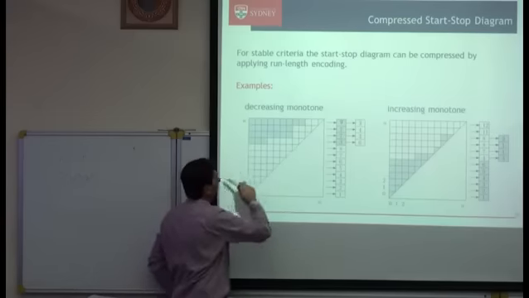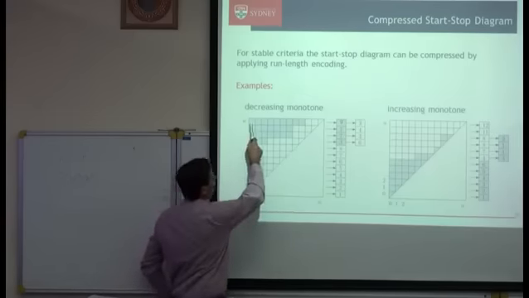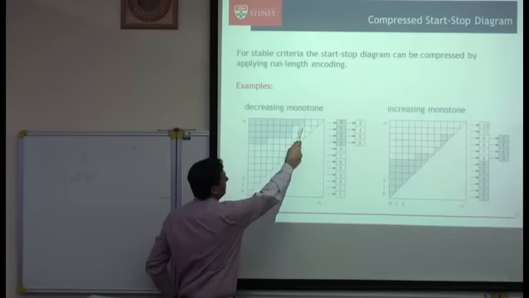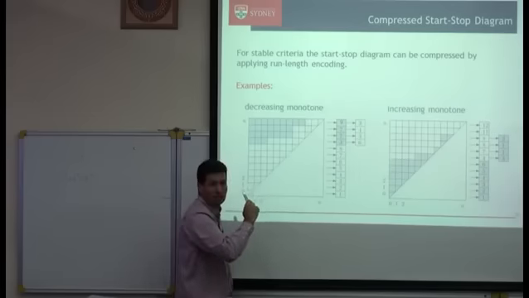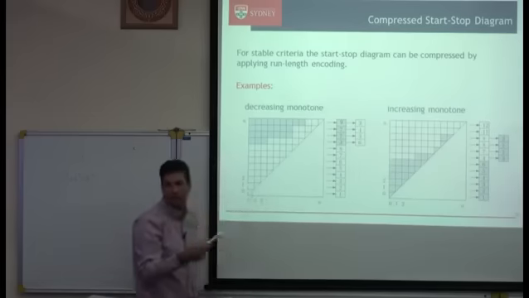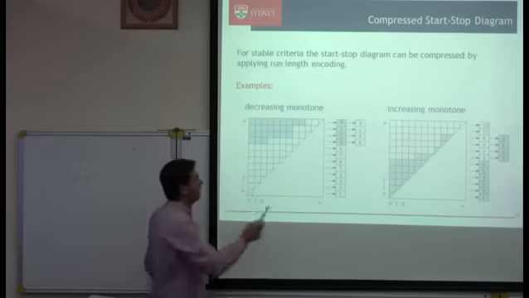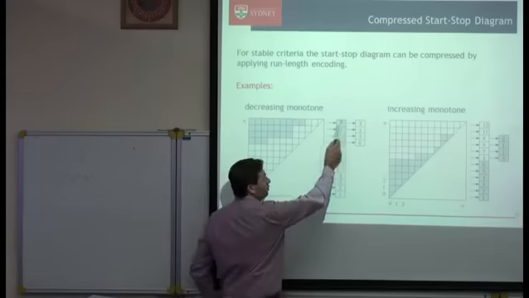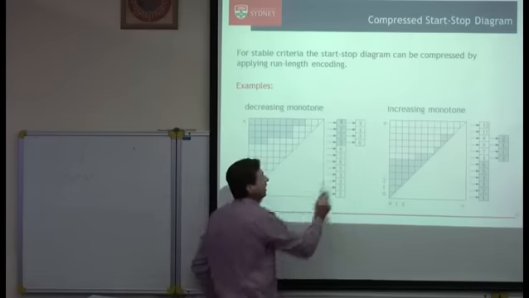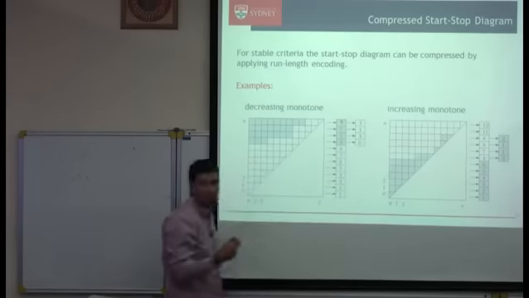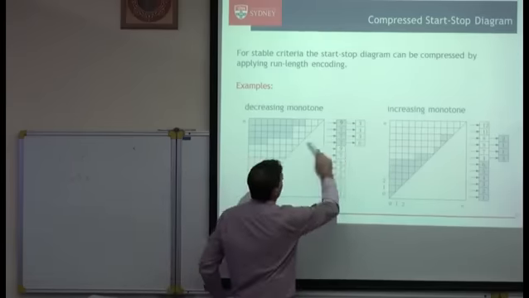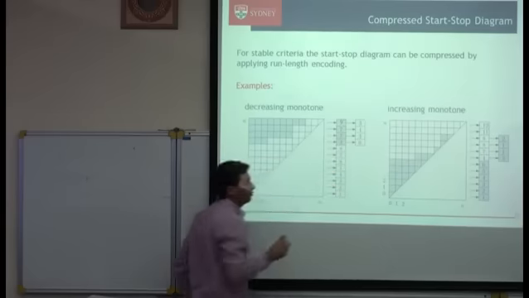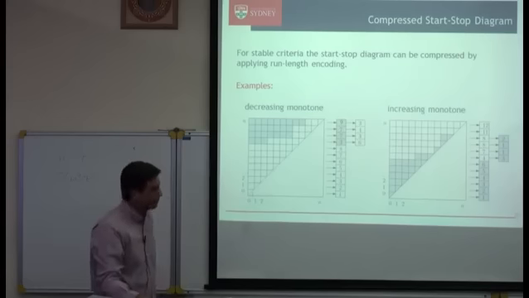This one says, okay, everything from left to right up to, say, index 9 is not valid. So instead of actually storing it bit by bit, I just say the first 9 are not valid, and then the remaining 3 are valid. Here I say the first 7 are not valid, and then the remaining 4 are valid, and so on.